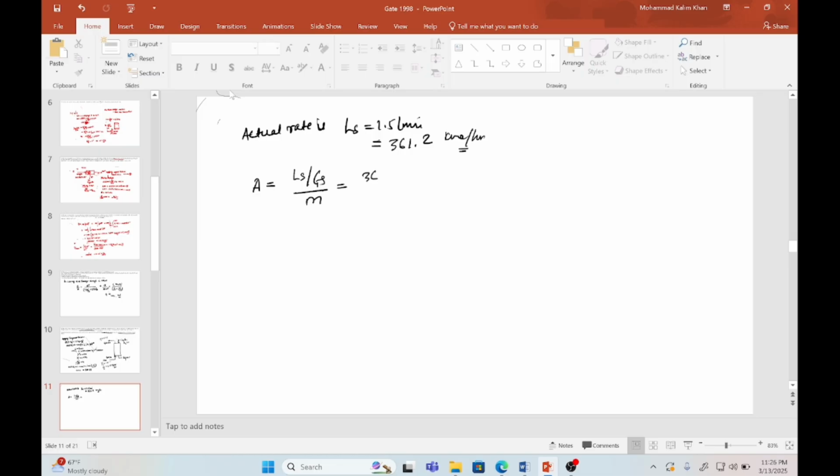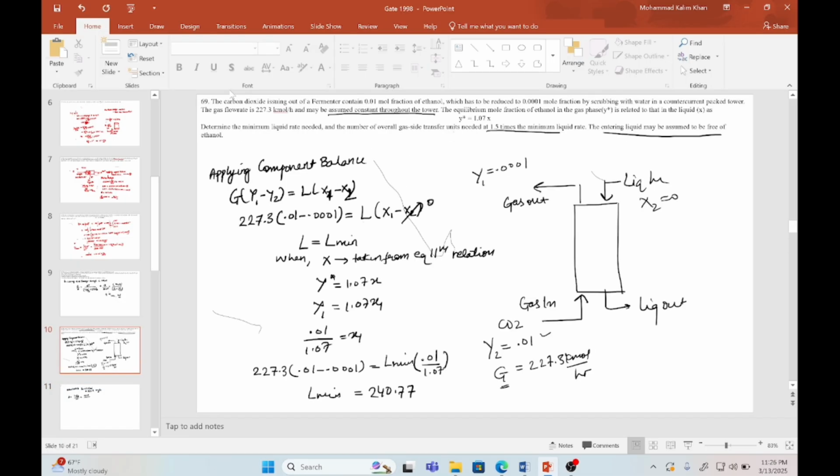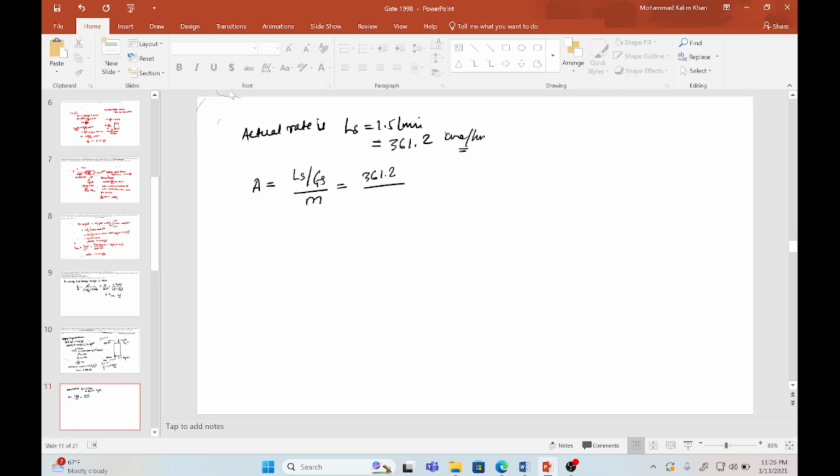Ls is 361.2, Gs is 227.3 and m is 1.07. So it will be 361.2 divided by 227.3 divided by 1.07, which is 1.458, a much higher value, much higher than 1.